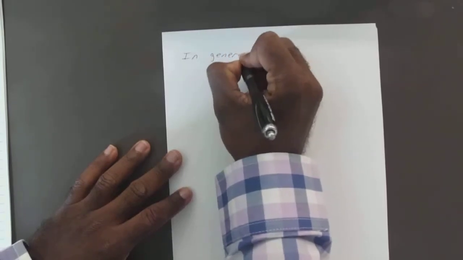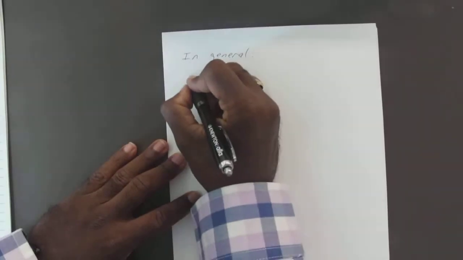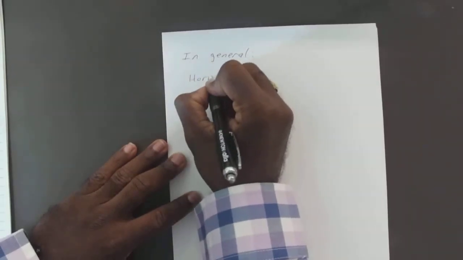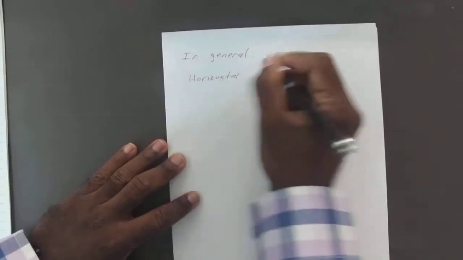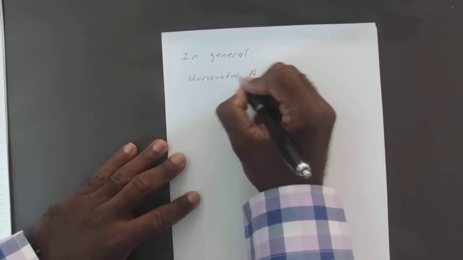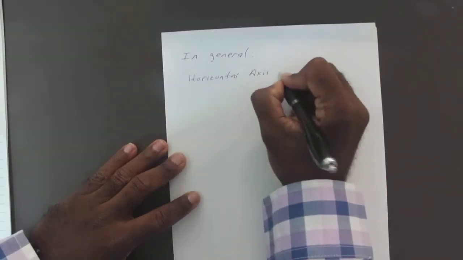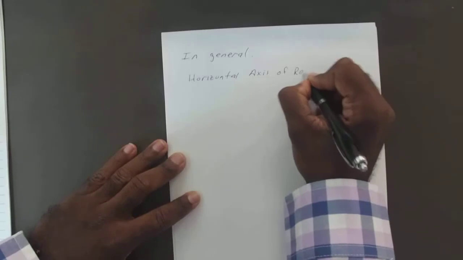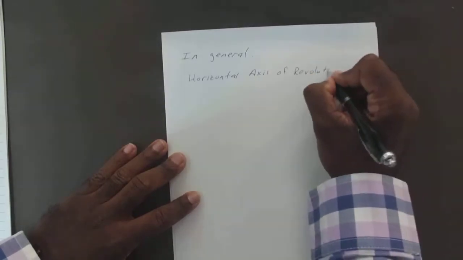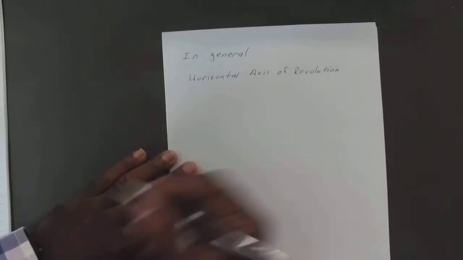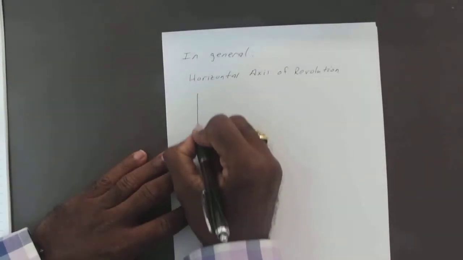Okay, so in general, just a general statement. The horizontal axis of revolution is just rotating around the x-axis.